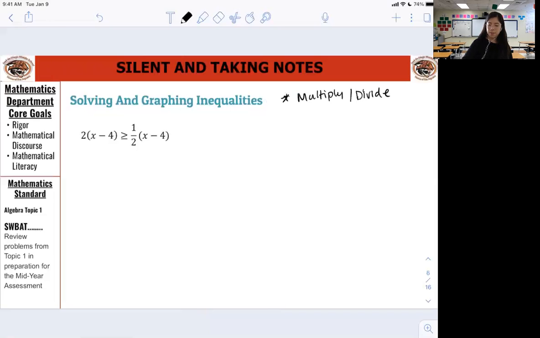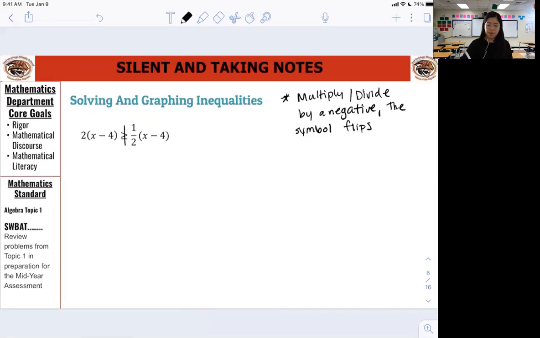So if you multiply or divide by a negative, the inequality symbol flips. So if you had a greater than or equal to sign, it would flip to become a less than or equal to sign. That's just something we have to keep in mind, but everything else is going to be the same.